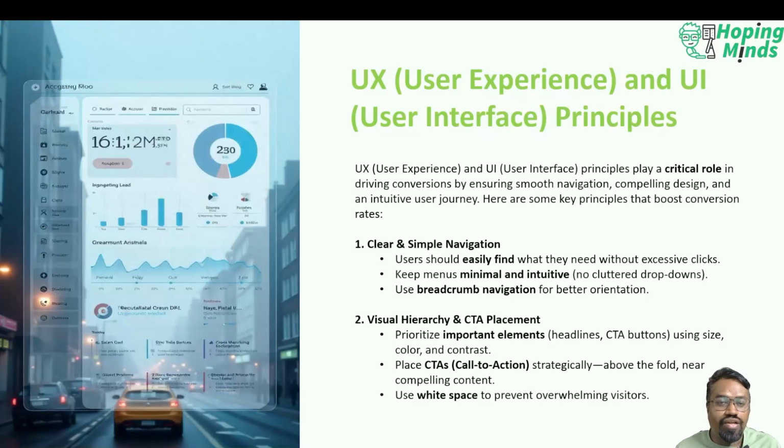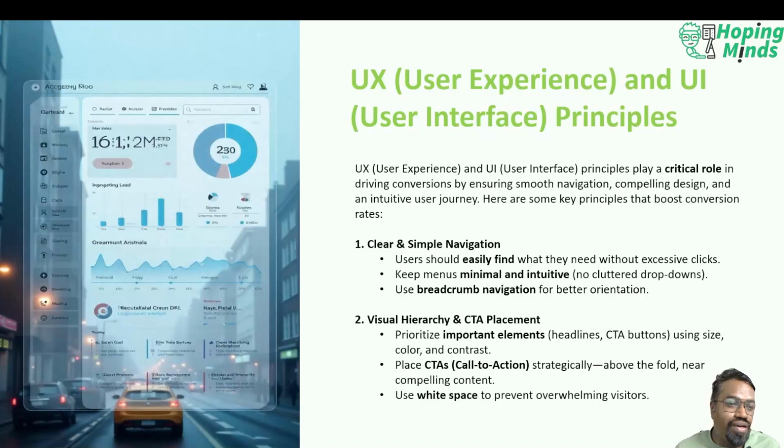If you talk about visual hierarchy and call to action placements, we should prioritize important elements here, right? For example, the headlines. If I visit a website, there should be a proper headline which conveys what this website is all about.